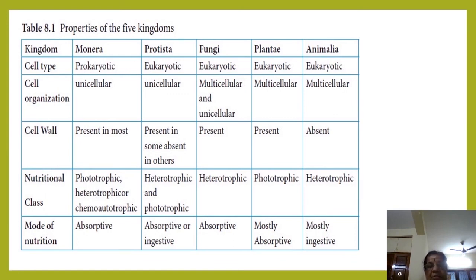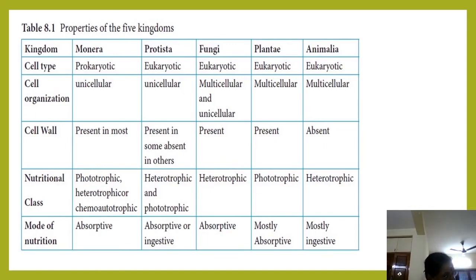Nutritional class, that is their mode of nutrition, as I said, they are autotroph, whether they can prepare their own food, or heterotroph. And mode of nutrition, whether they are absorptive or can prepare their own food.